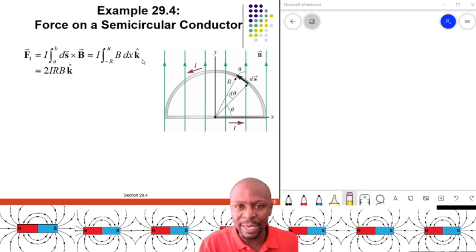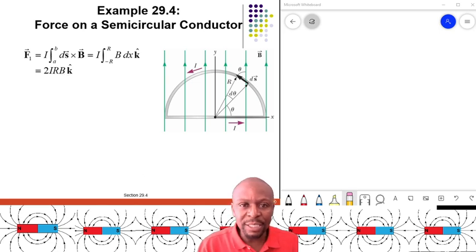Look at the direction. The direction of the force is going to be in the k direction when dS is in i and the magnetic field is in j, because i cross j is always k. Now, when you do that integral, this is what you are going to have.